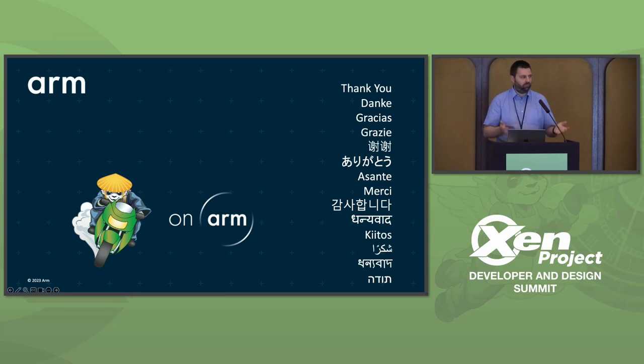The FFA specification is developed in a partnership with several partners of ARM, Google being one of them, and it's quite open. For example, Google is trying to put FFA support in pKVM inside the Linux kernel at the moment. And several others have their own proprietary trusted execution environment, and they want to use FFA in the future for exactly the reasons that I presented, to reach the three goals.